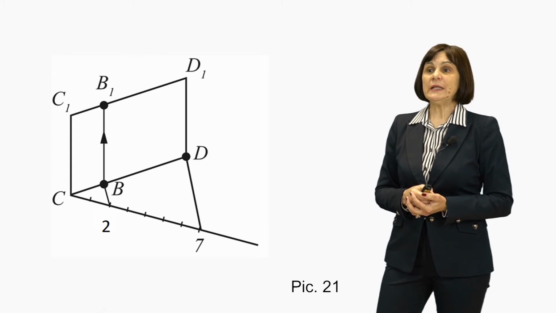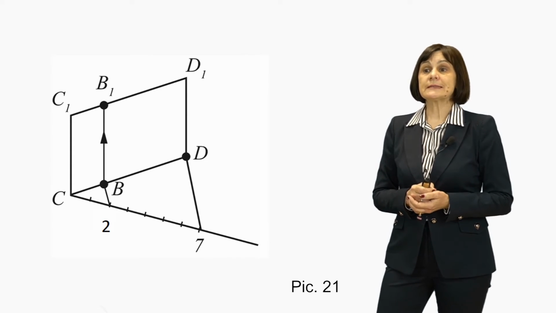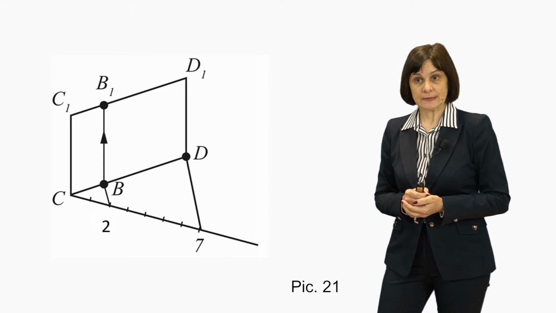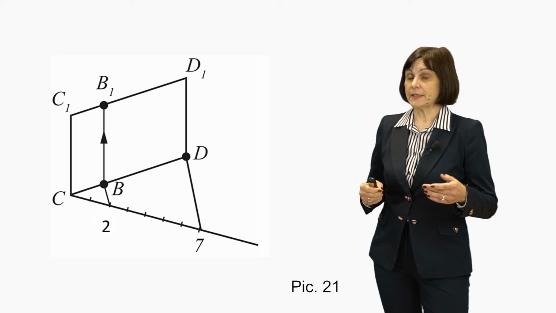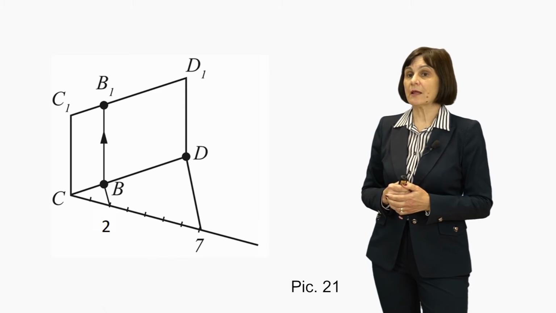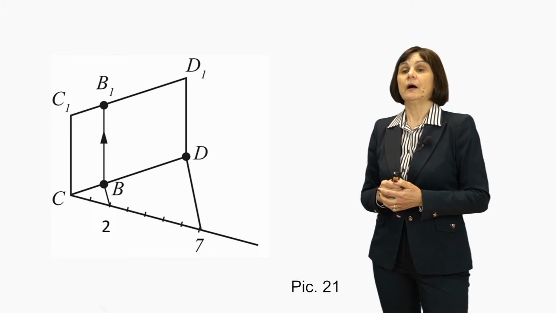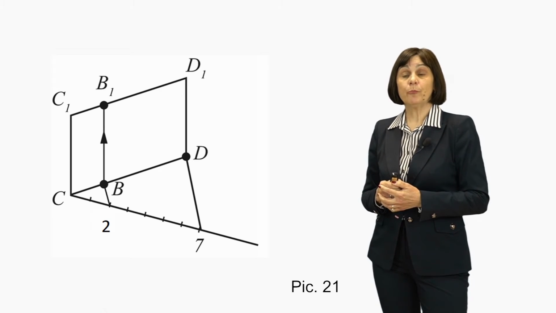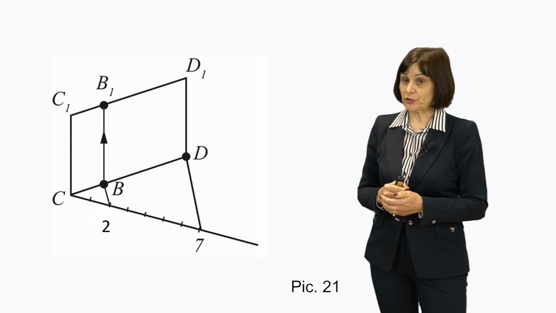Then we divide this new free line into 7 equal parts. The next step, we should connect the end of the 7th part with the point D on horizontal projection plane.